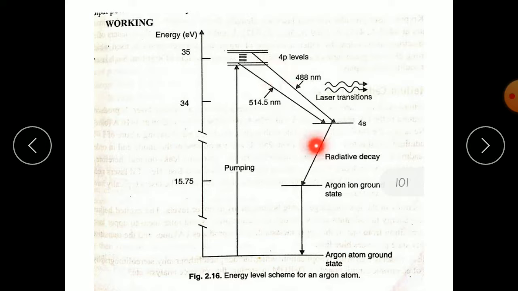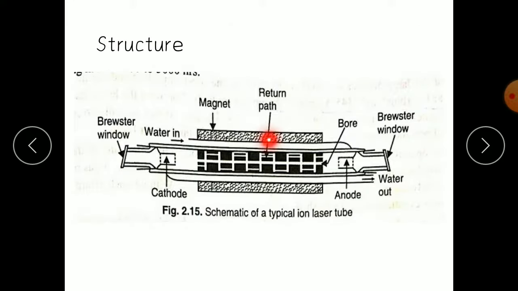If you see the structure of this tube, whenever argon ions come to the cathode and neutralize, a pressure gradient is created. To avoid that pressure gradient, this return path is provided inside the tube.